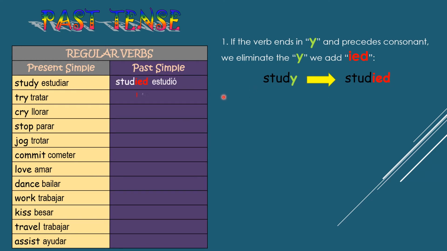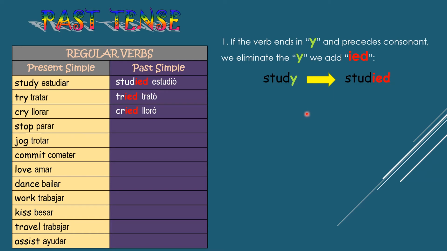Another, try, tried. Cry, cried. La regla dice si el verbo termina en y y está precedida de una consonante, la y desaparece y añadimos ed.